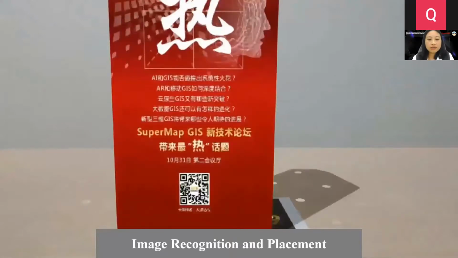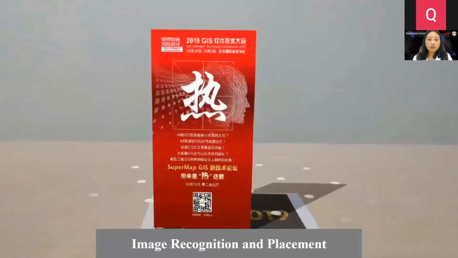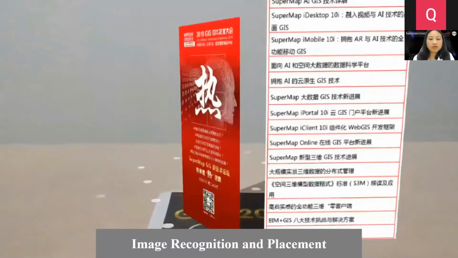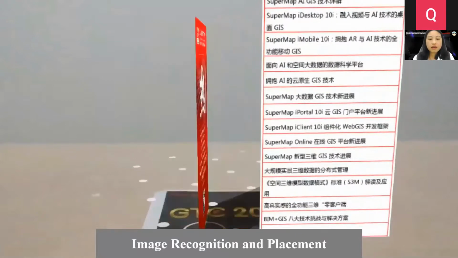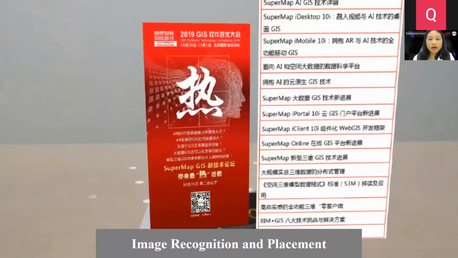Such as this video, which shows the Geographic Technology Conference, which we call GTC, held by SuperMap every year. The video shows the detailed information and the schedule of GTC through AR image recognition.